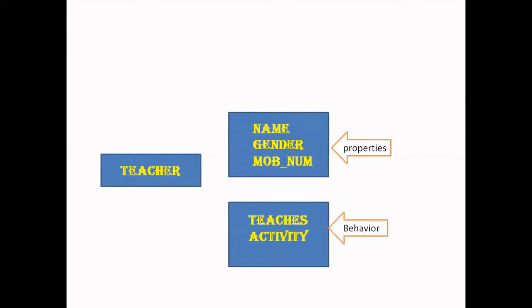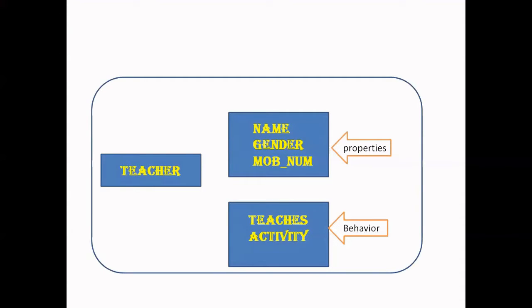In behavior, I've just taken two such tasks. One is teacher teaches. The other one is conducting the activities. Now, whatever you are seeing in the round rectangle has the teacher entity and its properties and behavior. These properties, in object-oriented programming, we call data members, as you all know.